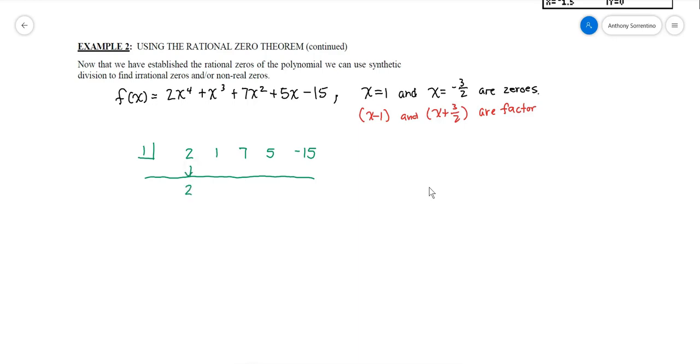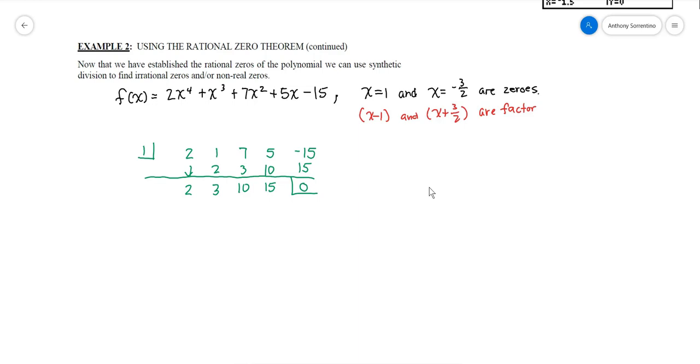So I'm going to bring down the 2, multiply by the 1, I get a 2 here, add, I get 3, multiply by 1, I get 3, add, I get 10, 1 times 10 is 10, add those, I get 15, 1 times 15 is 15, negative 15 plus 15 is 0, which is what I expect it to be.